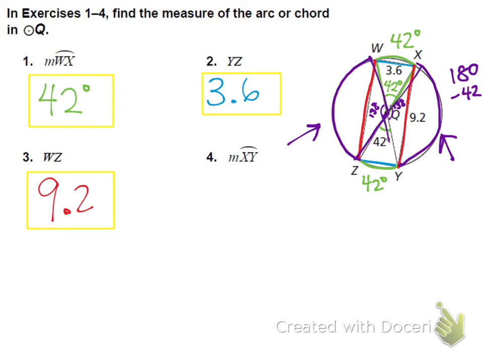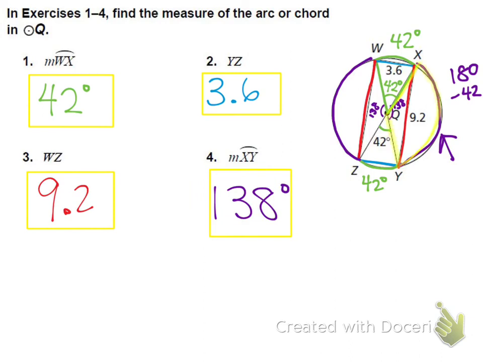Yeah, they're both 138 and 138. Okay, which brings me to the next question. The measure of XY, which is this one, 138. Because its central angle is 138 degrees.